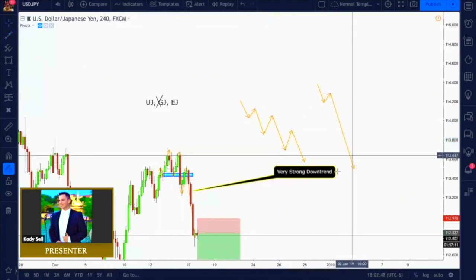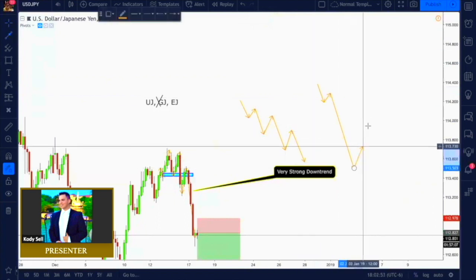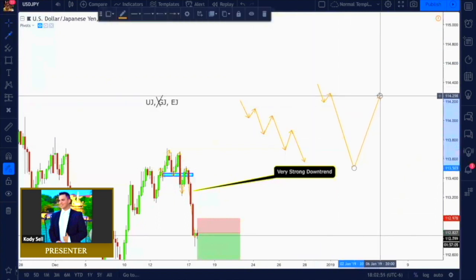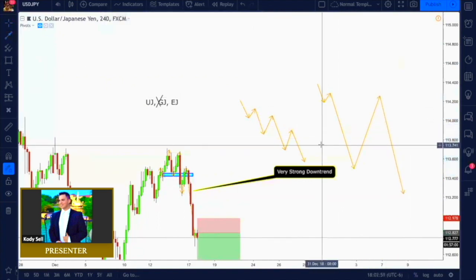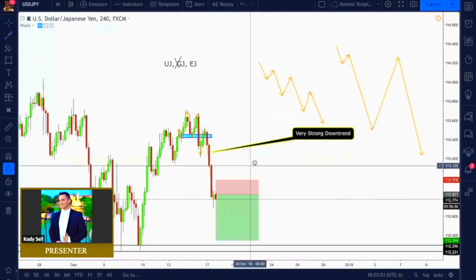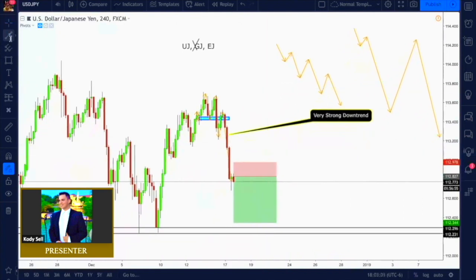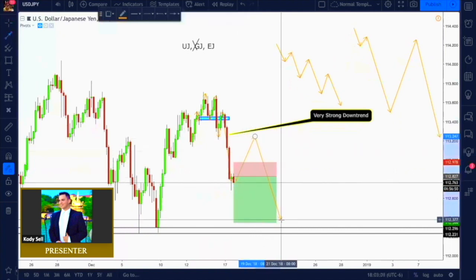We have this, and then we go like this. And the problem with this is that, based on market structure, we can come all the way back up here before another potential sell trade. If you look at UJ on the 4 hour, we've been trending so hard that we could see a significant pullback before we drop again.